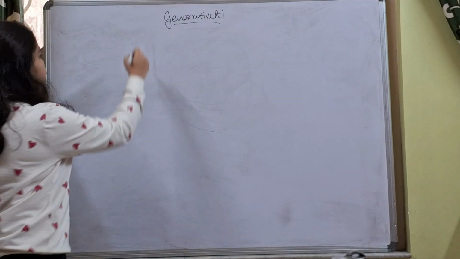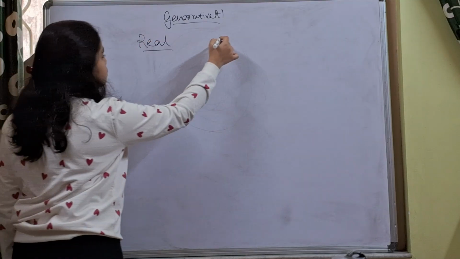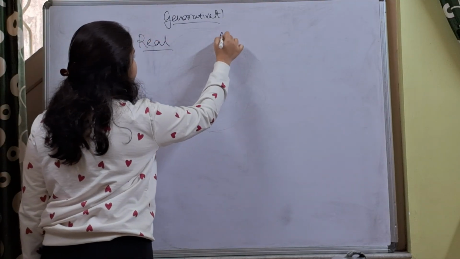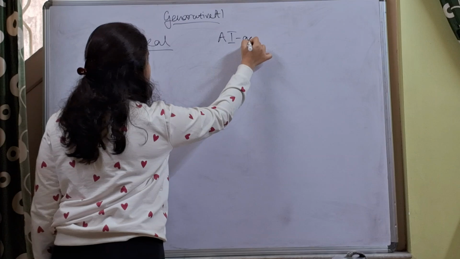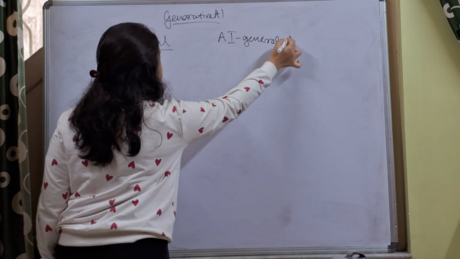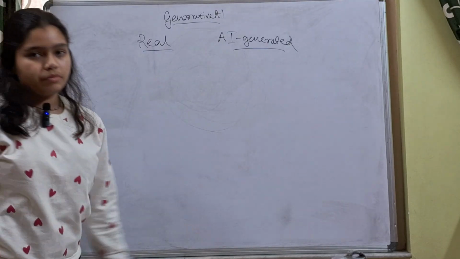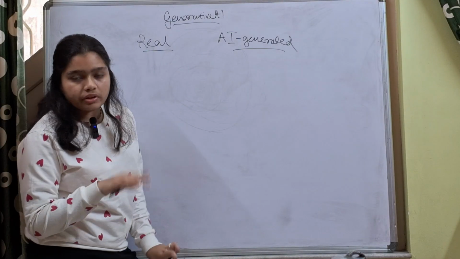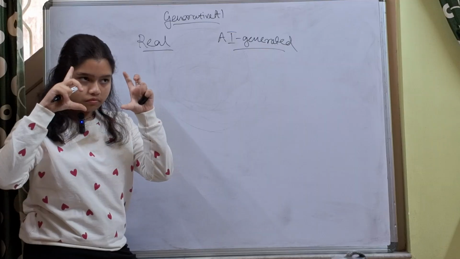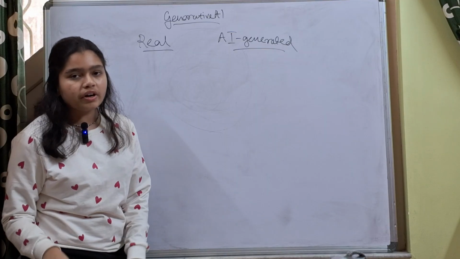If you have a real image and a fake or AI generated image, how do you differentiate between them nowadays? What do we mean by a real image? Actually, the image that you click using a camera.